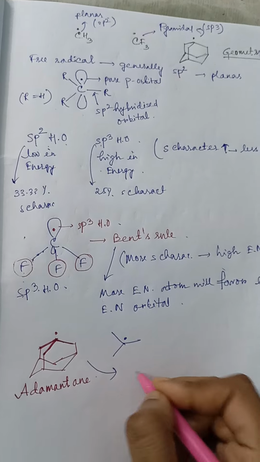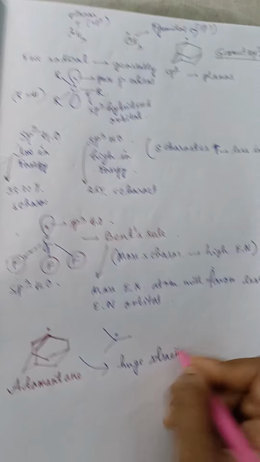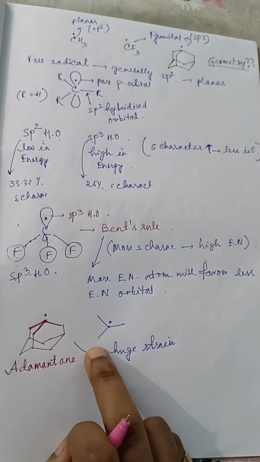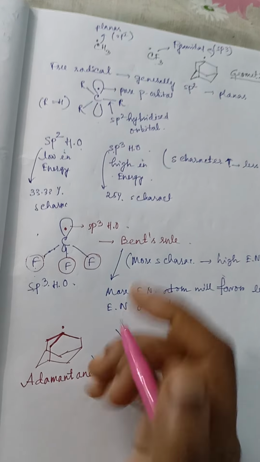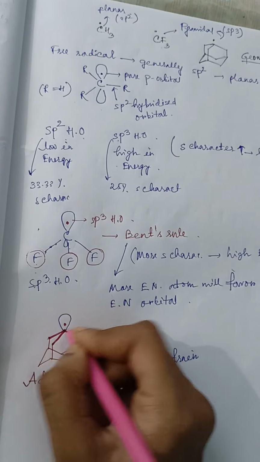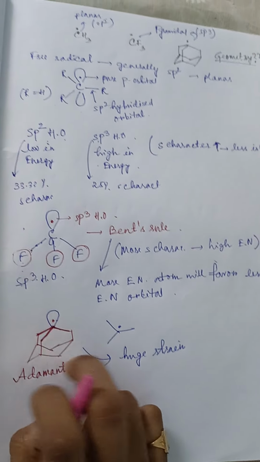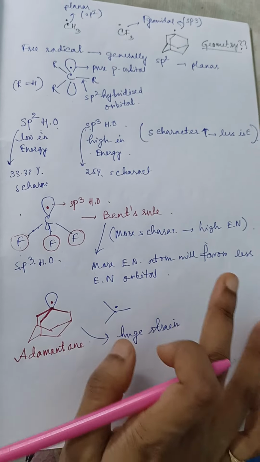So there is huge strain. That's the reason it prefers to be in a pyramidal shape. So here this radical is in an sp3 hybridized orbital, so that it assumes the pyramidal shape. So that's what the lecture is all about.